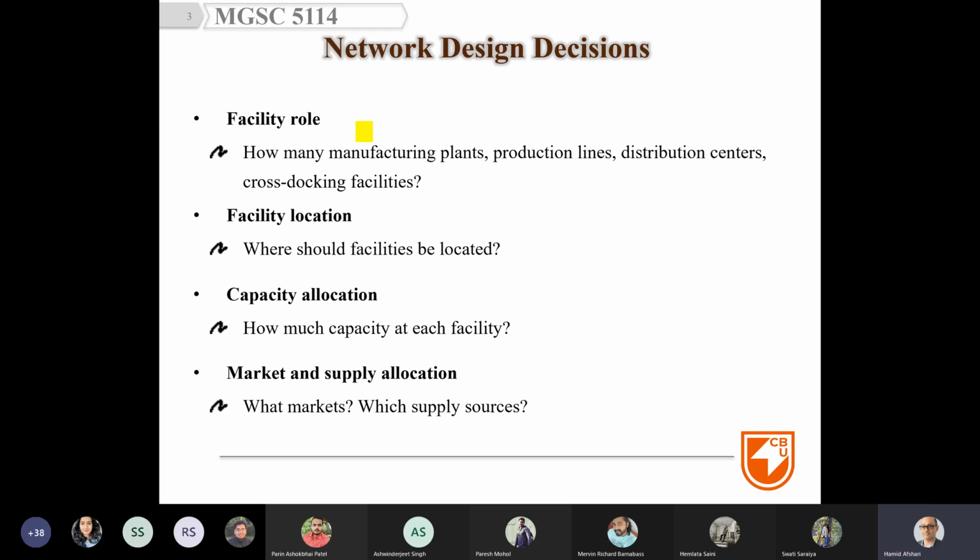What do we call a network? It's a connection between multiple things. Yes, when we have a set of things, a set of nodes, for example, that are connected with each other, they can create something which we call a network.